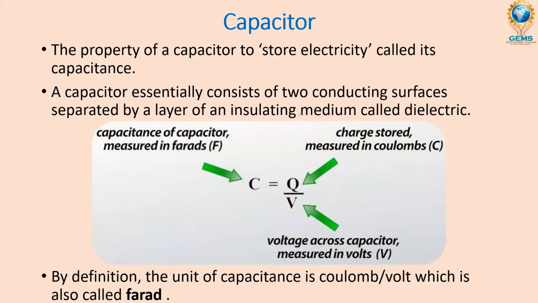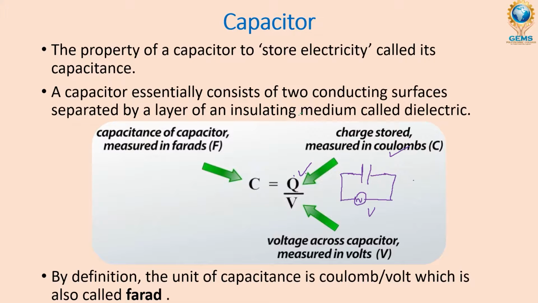Then here you can see. Now we have for capacitance of the capacitor, measured in farad. We have one formula, that is C equals Q by V. Q means charge stored measured in coulombs. How much charge is going to store in plates, that we are going to measure in coulombs. And voltage across the capacitor, how much voltage we are going to apply.